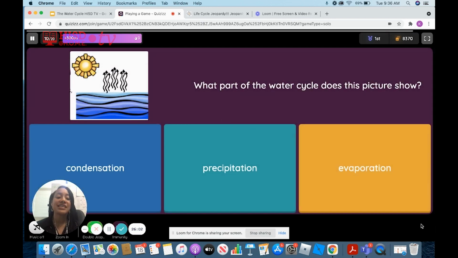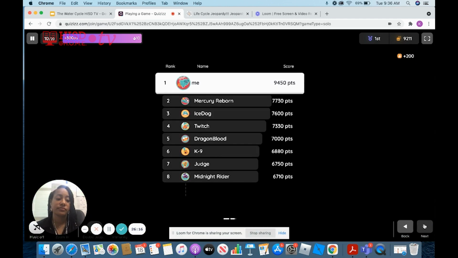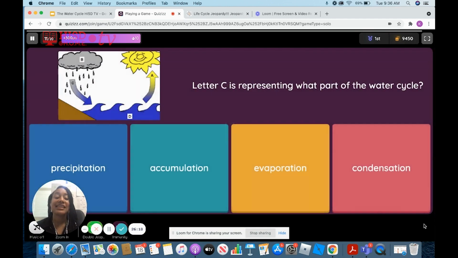What part of the water cycle does this picture show? Again, those arrows are moving up, so we know that it is what stage? Yes, we know that it is evaporation. Letter C is representing what part of the water cycle?